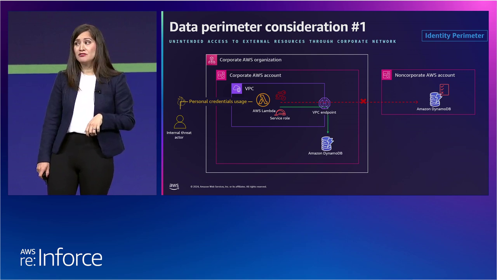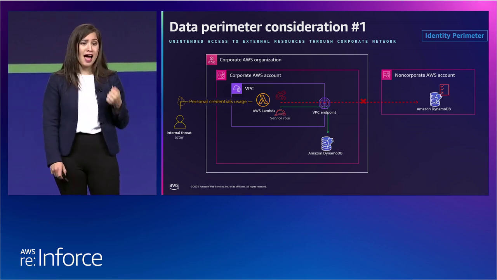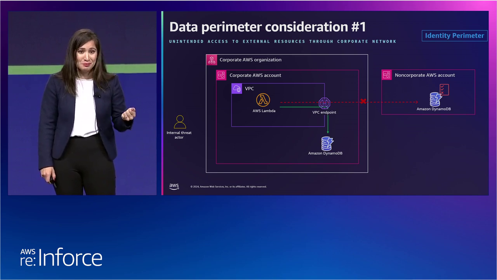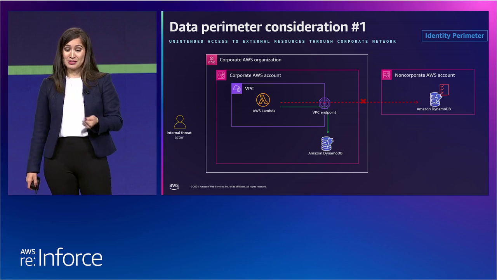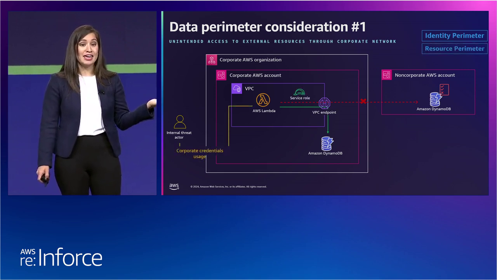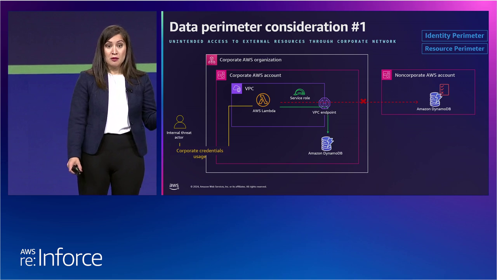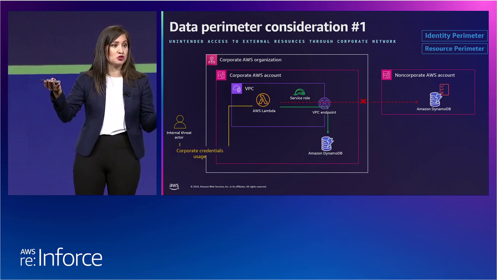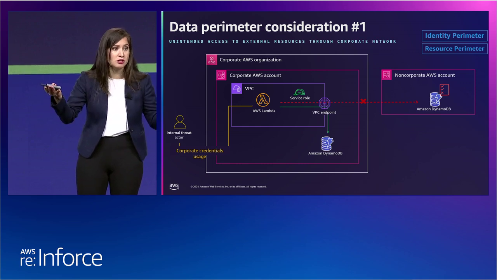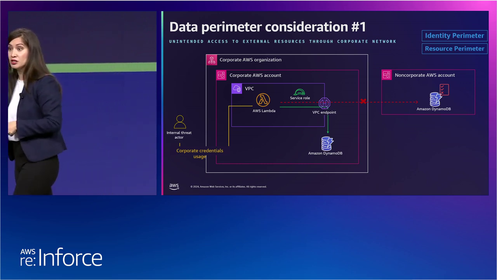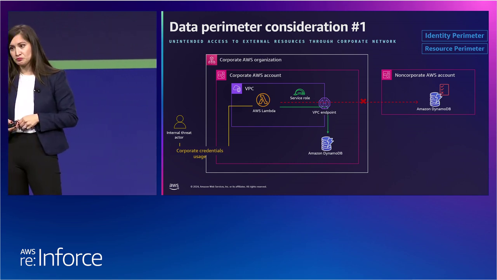Well, if this developer still has access to the account, maybe there wasn't a procedure to remove his access in the first place, right? So he was terminated, but he still has access to his corporate credentials. We have a control in the VPC endpoint policy saying only my principals can use this endpoint, but corporate credentials are your principals. So he can use his corporate credentials to try to exfiltrate data.